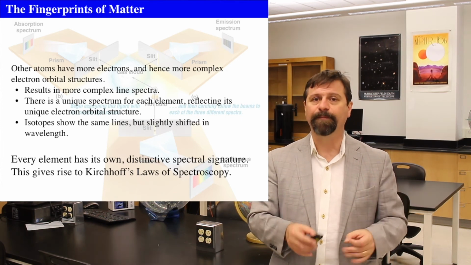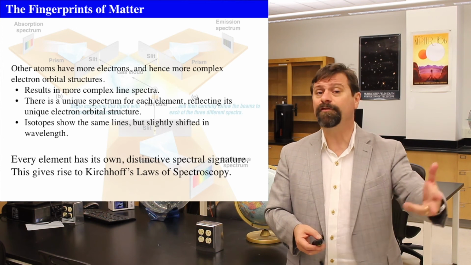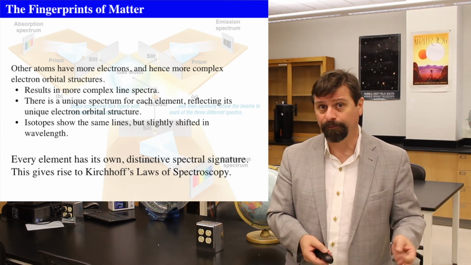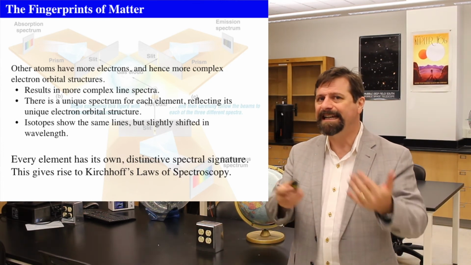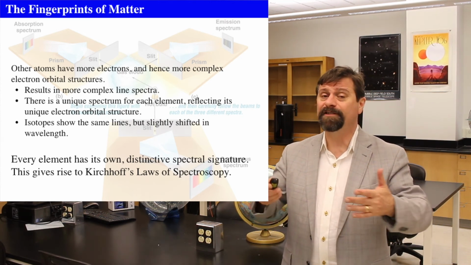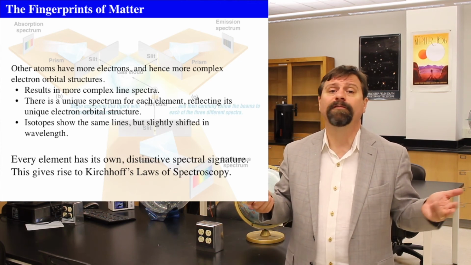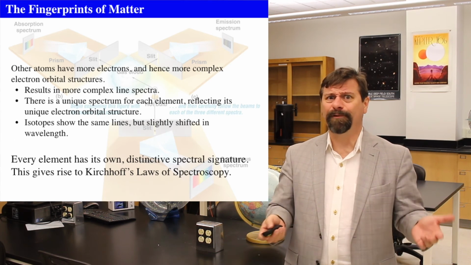They're always the same because protons are the same everywhere in the universe, and neutrons are the same everywhere in the universe, and electrons are the same everywhere in the universe. So every atom is just like any other atom if it's the same isotope. And even if they're different isotopes, they're almost the same because they just differ by the total number of neutrons. And there's no difference between them other than the number of neutrons.